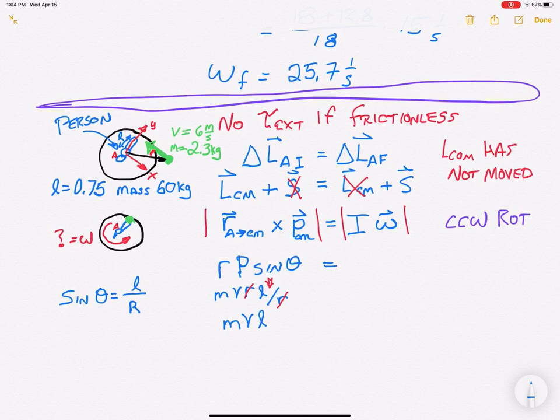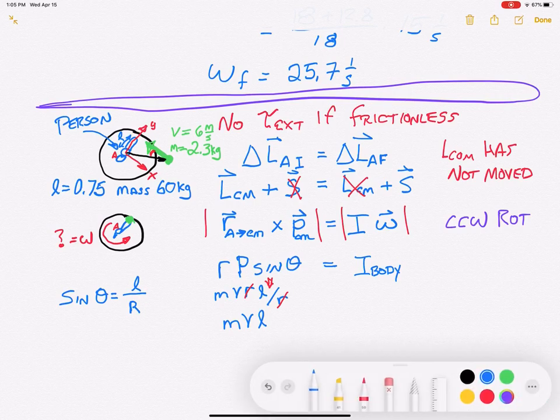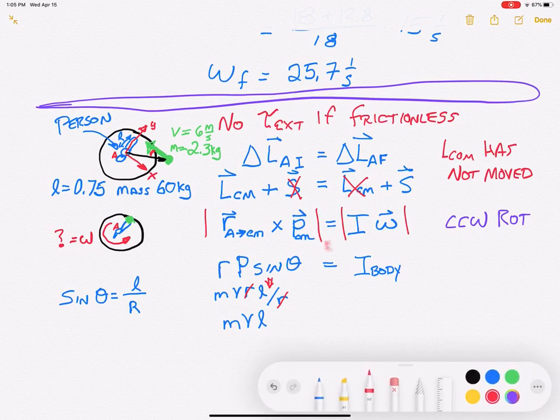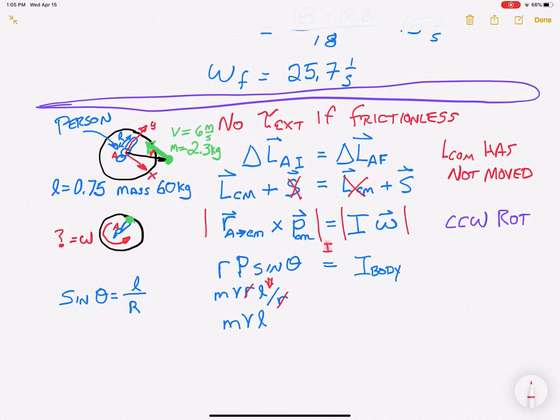So we have I omega now to work on. The I looks like we just have the I of the body. So don't forget that this is initial and this is final.